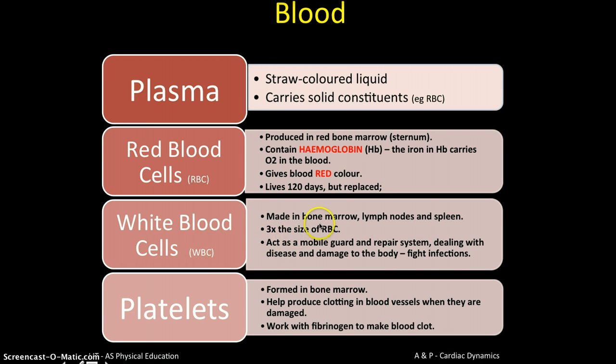White blood cells made in yellow bone marrow are more or less our protection system, so they fight disease or any infection that we might have. Platelets are important for us, and this is our clotting agent. So if you cut yourself, platelets will go to work and will basically try to gel and reduce blood loss.